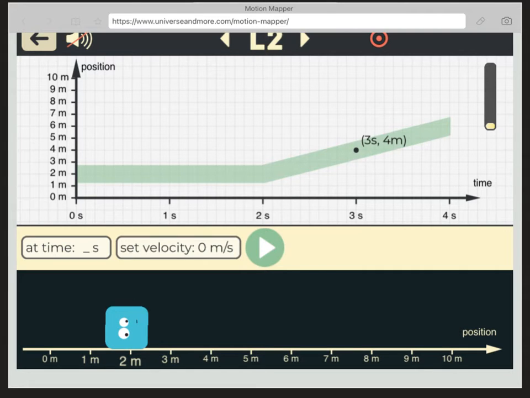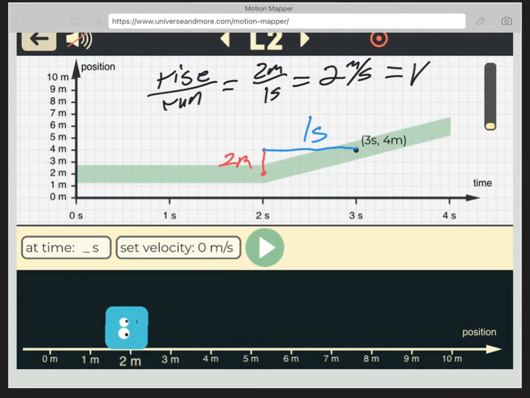Remember that our slope is rise over run, which is going to be 2 meters over 1 second, which is going to get 2 meters per second, which is a velocity because the slope is a velocity for a position versus time graph.